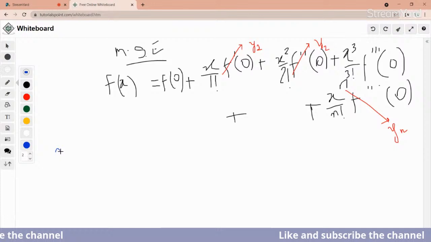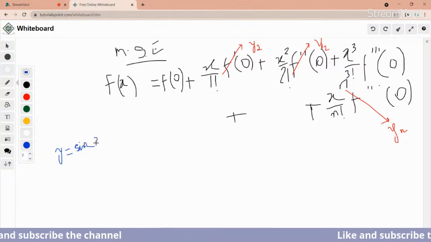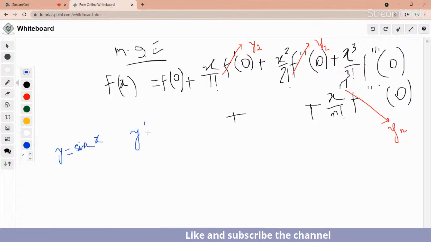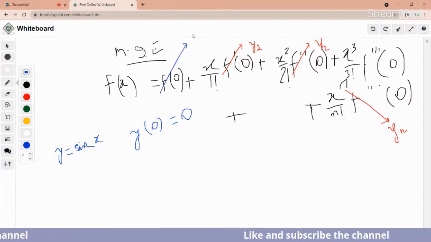First of all, let f(x) is equal to sin x, that is equal to y. And so y of 0 will be 0, because sin 0 is 0, no doubt, right? You can take this as y0.